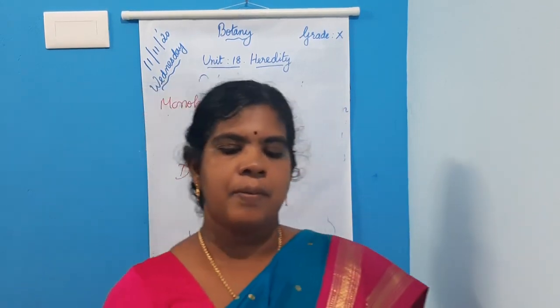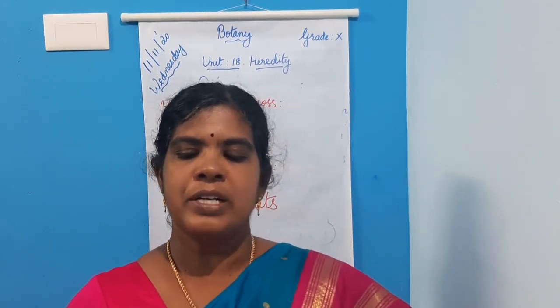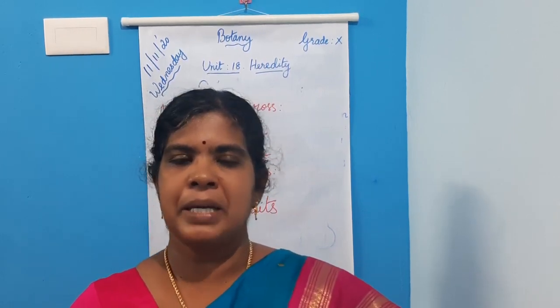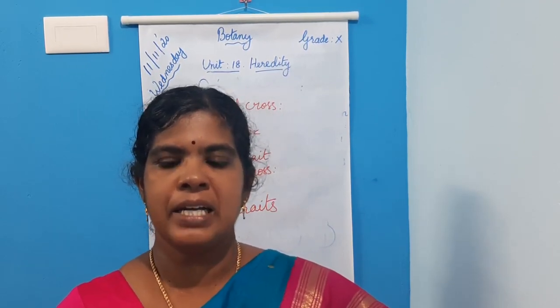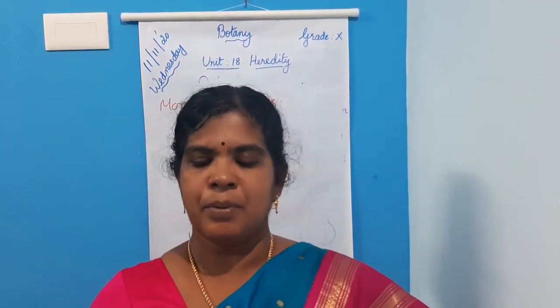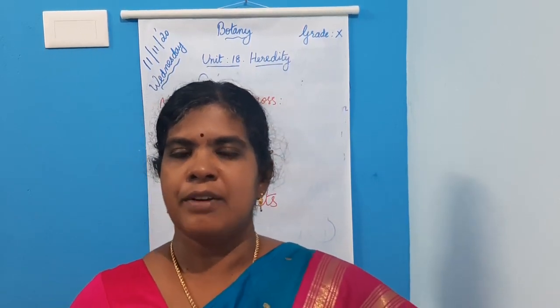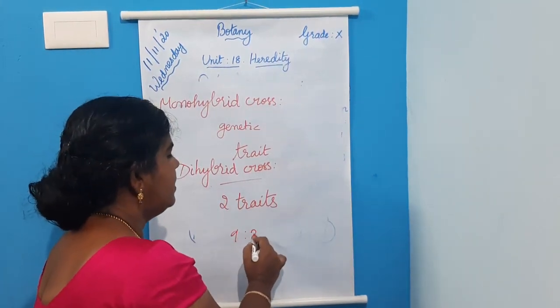Second point: the parents have two different independent traits. Third point: the dihybrid ratio in the F2 generation is 9:3:3:1.